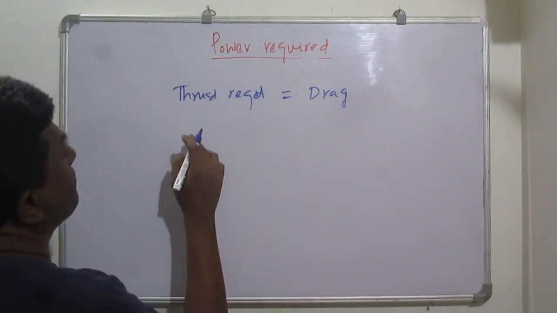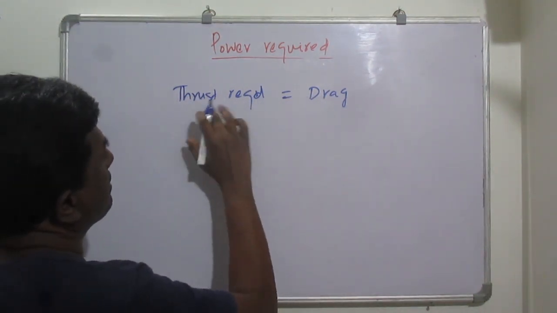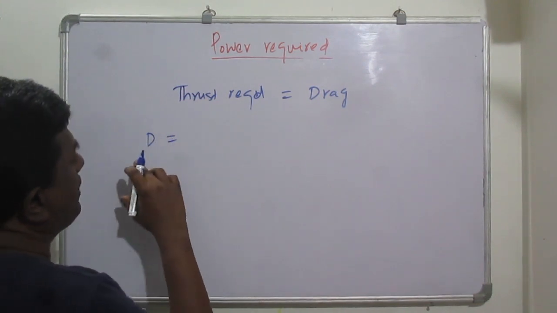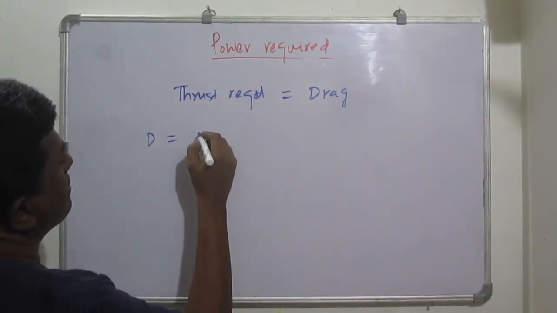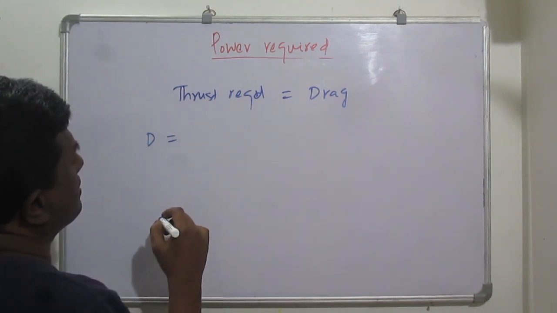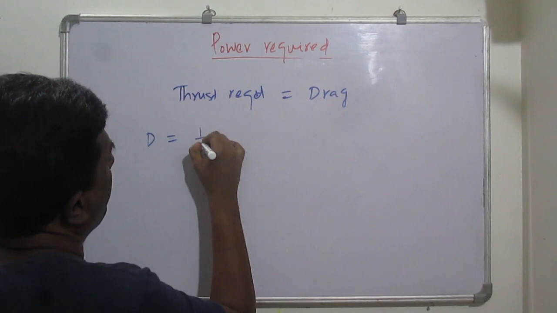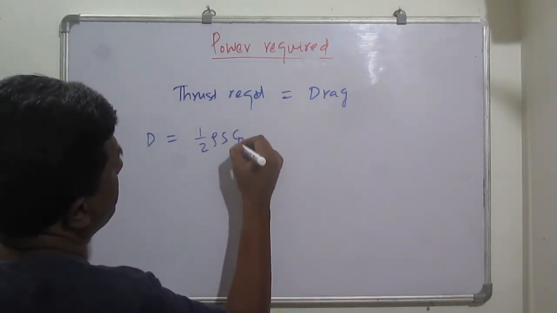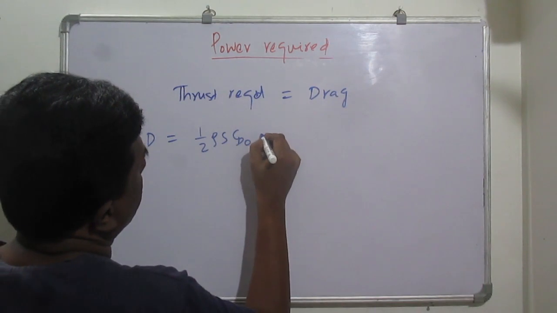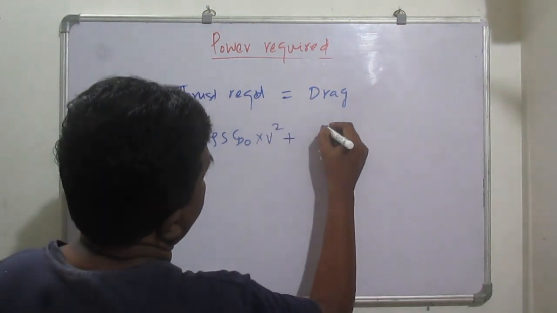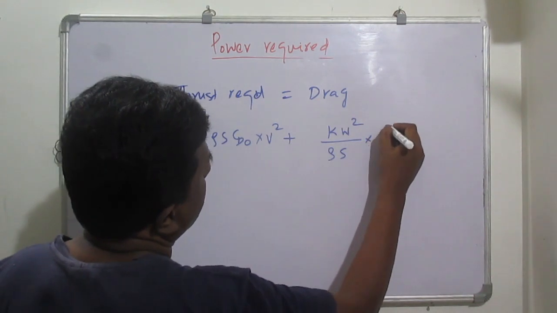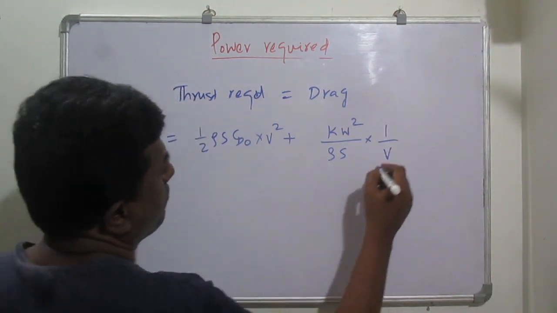Because we know thrust required equals drag, and drag, from the equation we have seen in our previous lectures, is half rho S CD naught into V square plus K W square by rho S into 1 by V square.